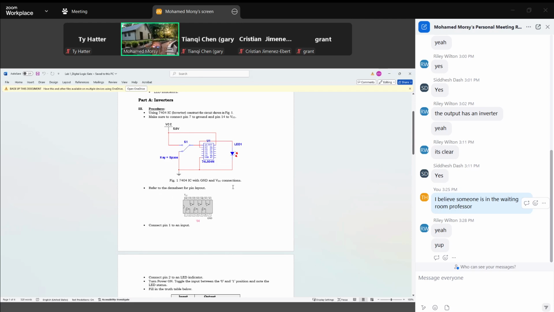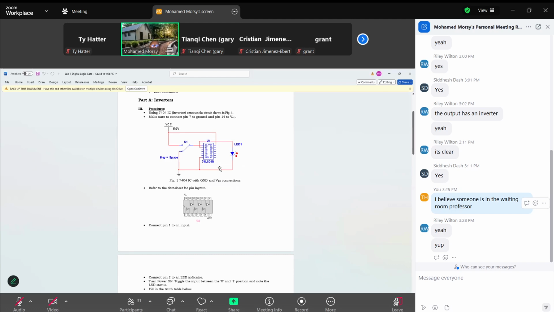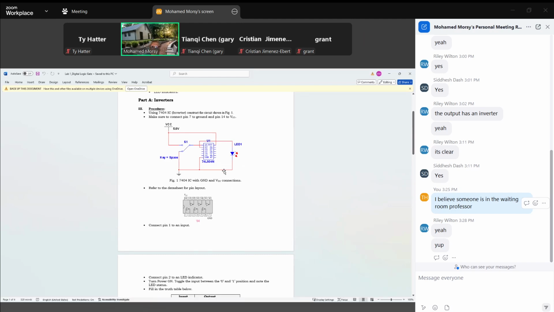And as I mentioned before, 74 indicates that this is TTL technology. Any IC based on TTL technology starts with 74. For CMOS, it starts with the letter C. But any TTL is 74.